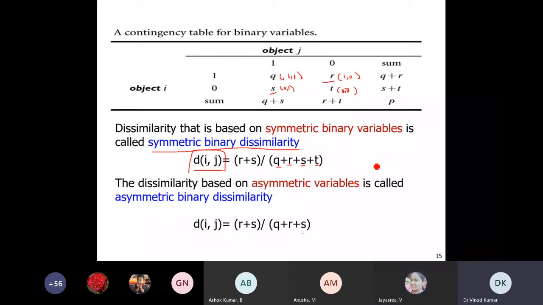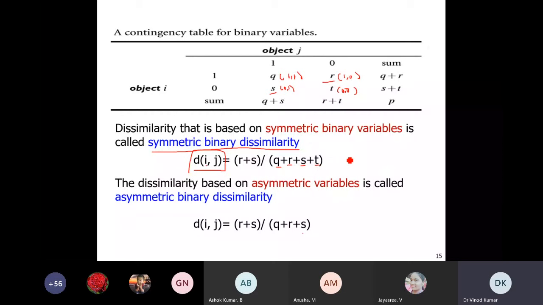Okay, so now I will repeat once again what is the objective of learning these topics. We are discussing to know the types of data that will be there for clustering. If we are aware of the nature of the data, then we can apply the proper clustering techniques.